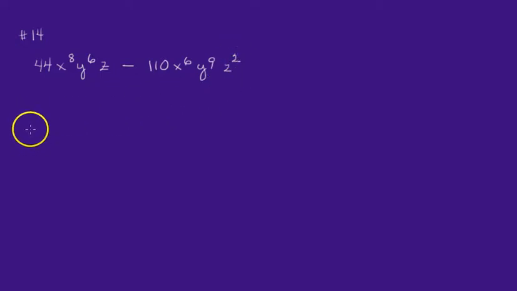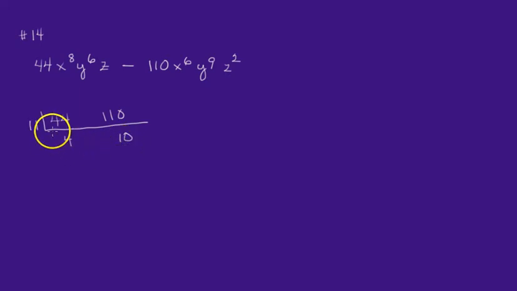So again, I start the same way. I have 44 and I have 110. One of the things that I notice is that both of those two numbers have a factor of 11 in common. So here I have 4 and here I have 10, because 11 goes into 44 4 times, 11 goes into 110 10 times. Now I have a 4 and a 10.